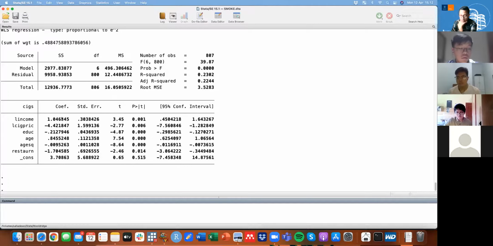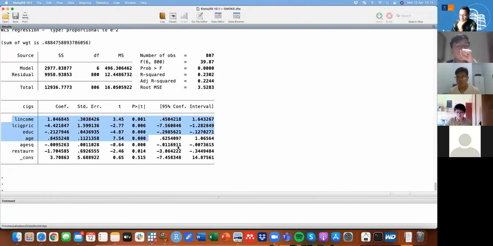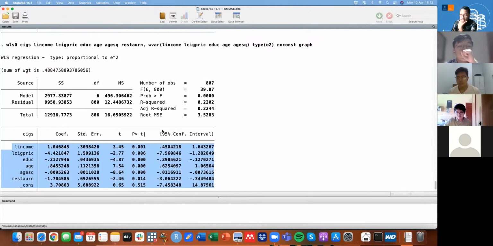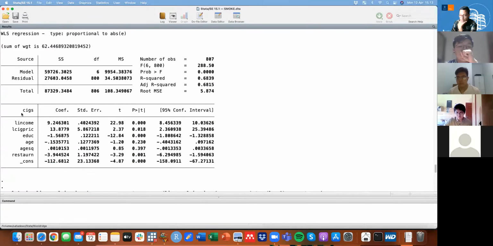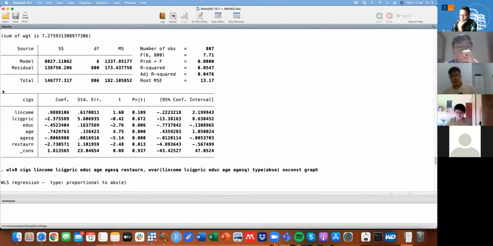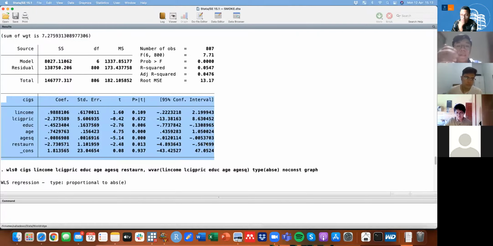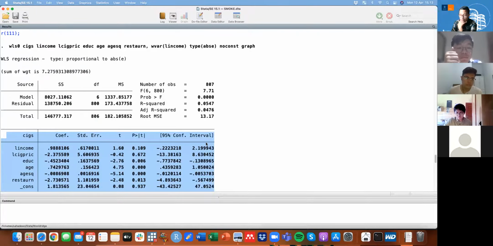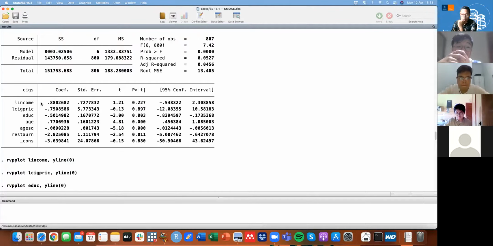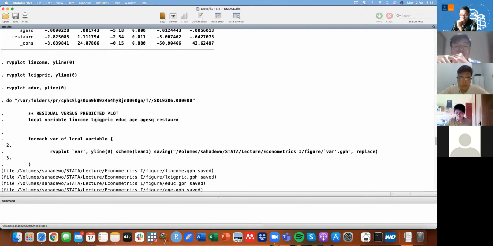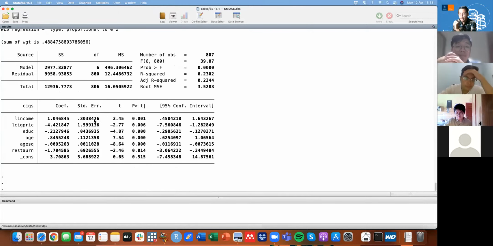But as you can see here, the estimated coefficient and standard error are going to be different from one estimation to the other. Okay, so please be mindful when we're using the estimation. You could get a very, very different result. And if you compare it with the initial one, it's going to be quite different as well. So be mindful of that.